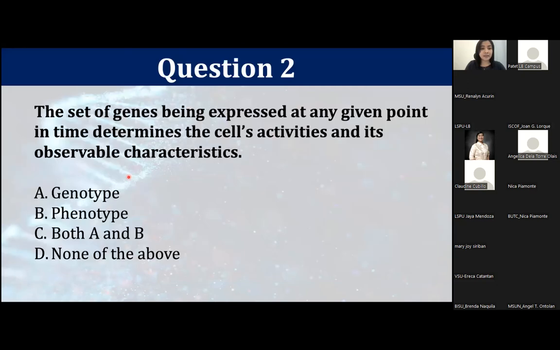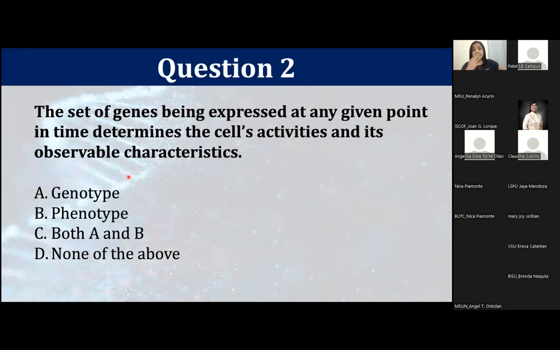So next, okay, question number 2. The set of genes being expressed at any given point in time determines the cell's activities and its observable characteristics. So what is the answer? A, genotype, B, phenotype, C, both A and B, D, none of the above.